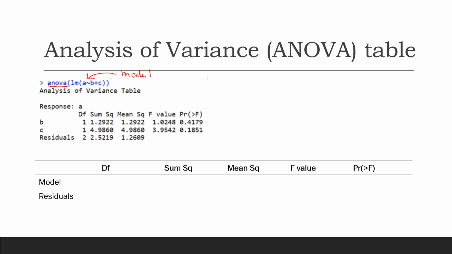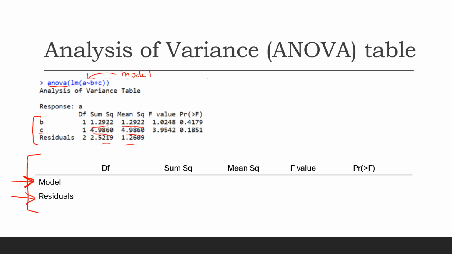Now, the way that they talk about it in this section of the textbook, they don't show you all the different pieces of this table, right? They show us only something that includes all of the model and the residuals, where this is showing me sums of squares and mean squares for each of the explanatory variables in the model, as well as the residuals.